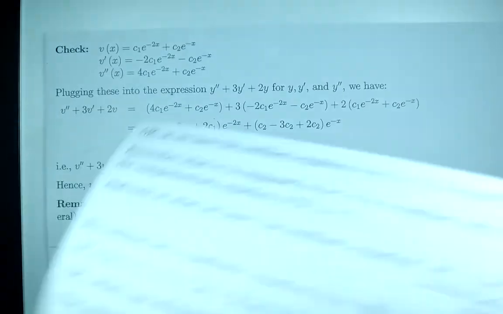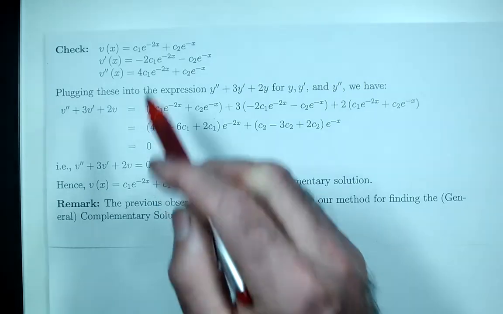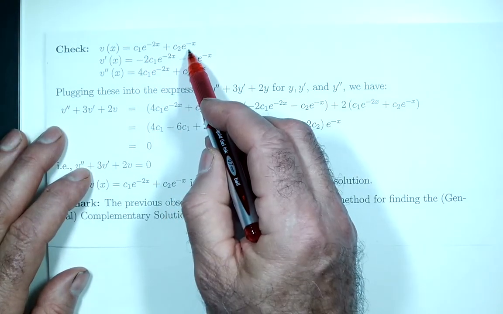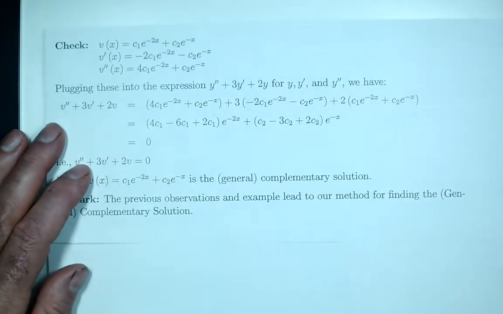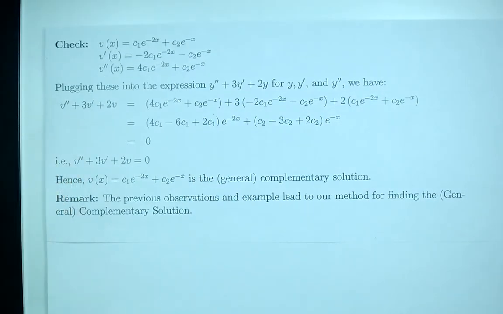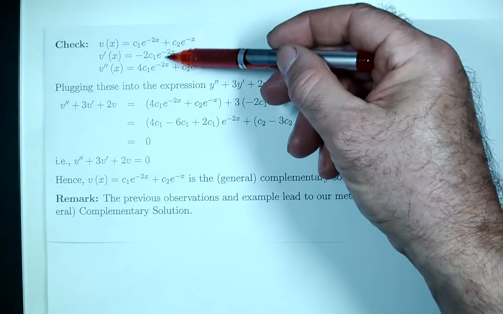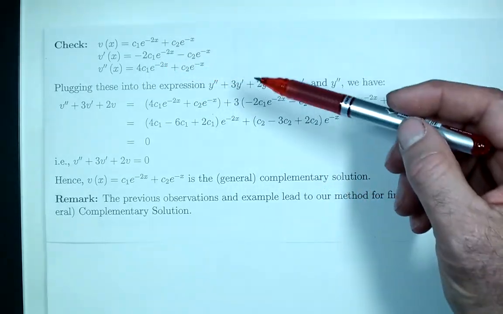Let's show that this linear combination of e to the negative 2x and e to the negative x is a solution. C1 and C2 can be any constants. Now what we're going to do is compute v prime and v double prime.